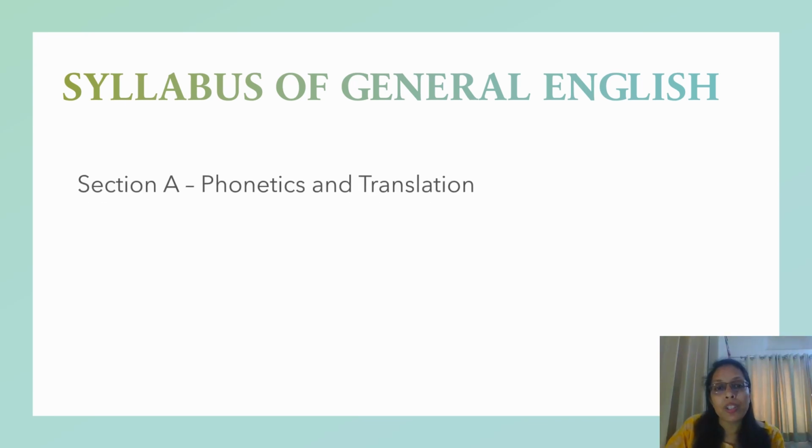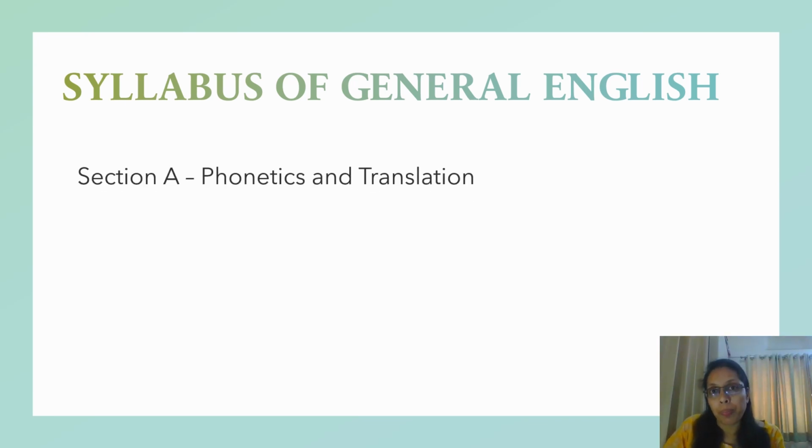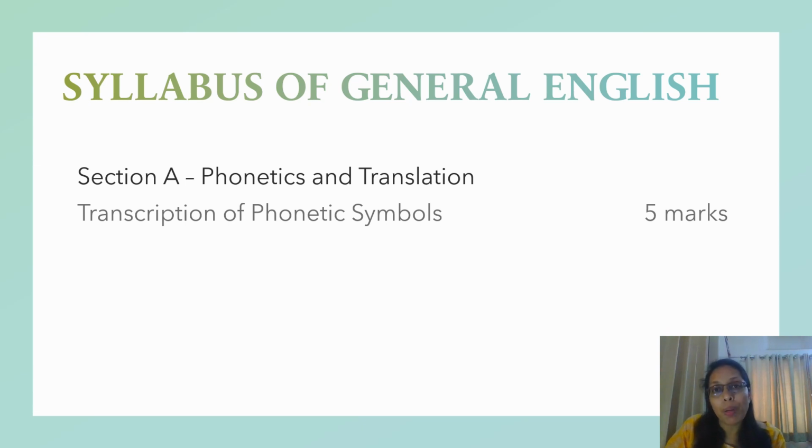So the first section that is there in your syllabus is phonetics and translation. You must have studied a little bit of phonetics in your school. So this is about the basic phonetic symbols, and translation. There will be one question of 5 marks on transcription of phonetic symbols. Then another question of 5 marks which will talk about word stress.